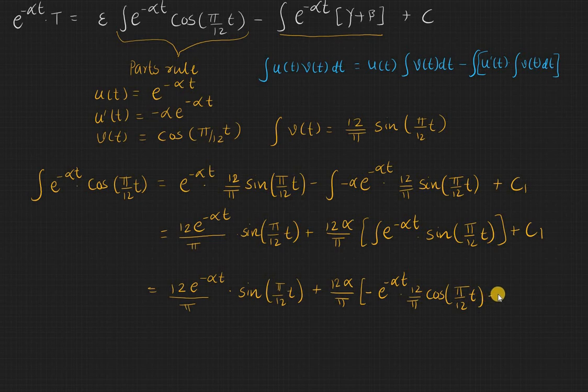Now minus integration of, again minus alpha e to the power minus alpha t, I'll write down here, so it will be again minus sine because of the integral of sine, so this should be whole bracket into the cos of pi over 12 into t.